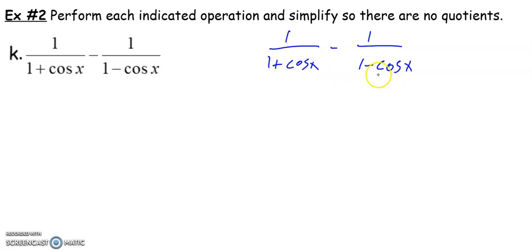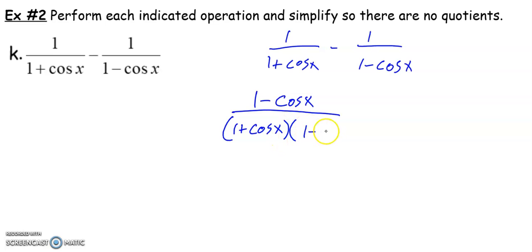One says plus, one says minus. So what I'm going to do is multiply the left fraction by the right denominator. So I'm going to do 1 times 1 minus cosine x. On top, I'm going to have 1 minus cosine x, and on bottom, we get the denominator 1 plus cosine x times 1 minus cosine x.